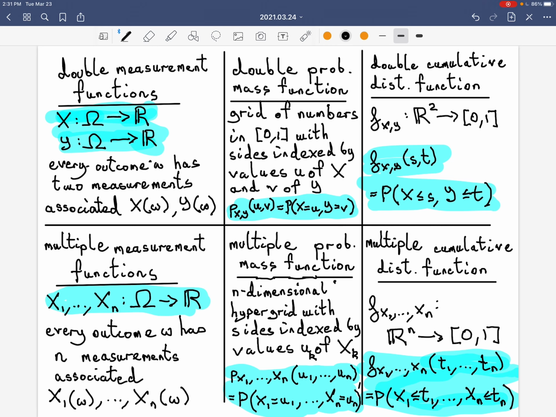And we have a grid of numbers to record the probability mass function of a double random variable. And so if we have a list of n random variables, we're going to have an n-dimensional hypergrid with sides indexed by values of each parameter we're measuring. So if you have 3 random variables, your probability mass function will be naturally arranged in a cube. And if you have a billion random variables, your probability mass function will be naturally arranged in a billion-dimensional hypercube.